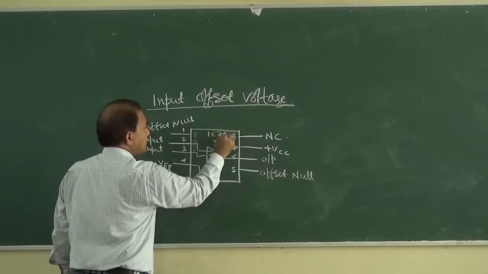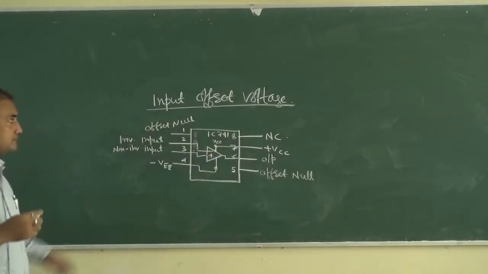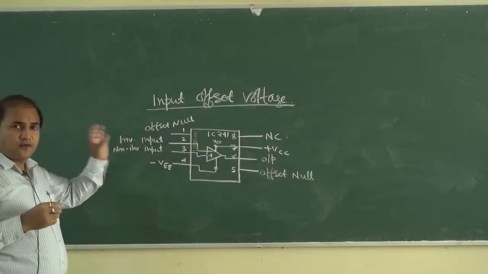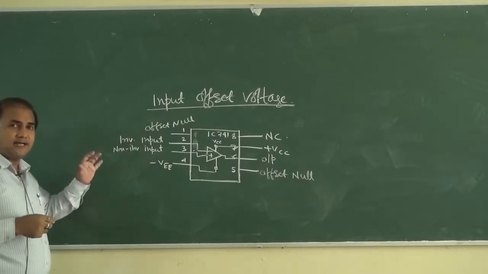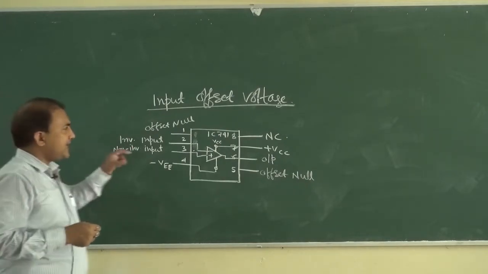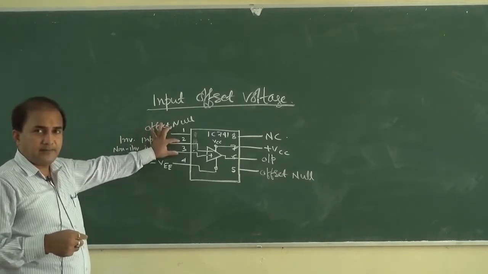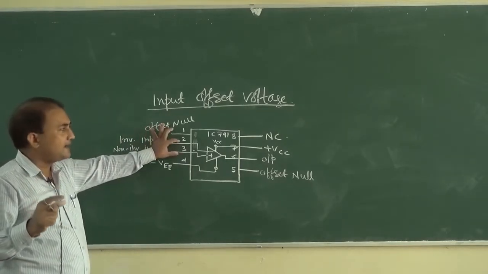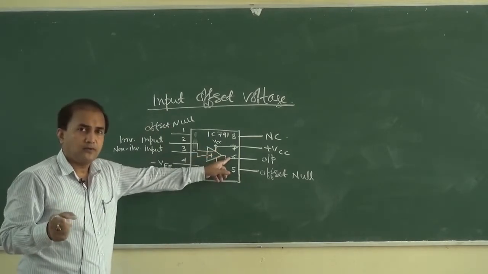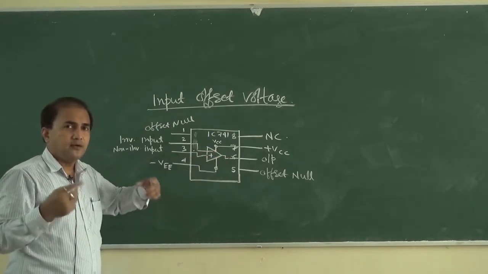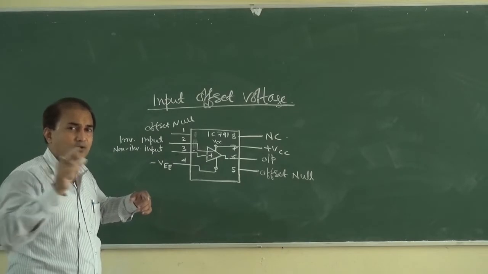Okay, now what is input offset voltage? Input offset voltage is the voltage that must be applied between the two input terminals of an operational amplifier to null the output. To null the output means to get V output equal to 0.